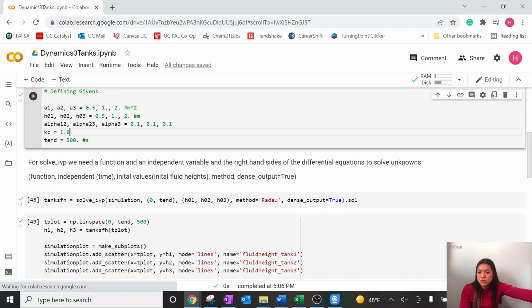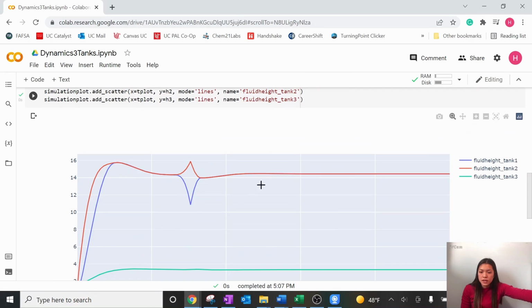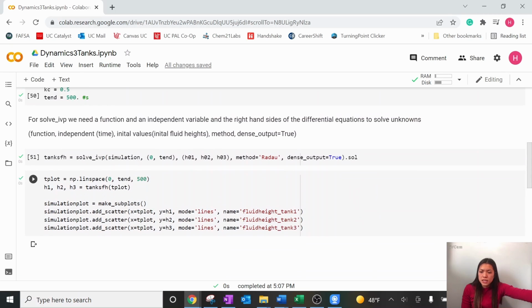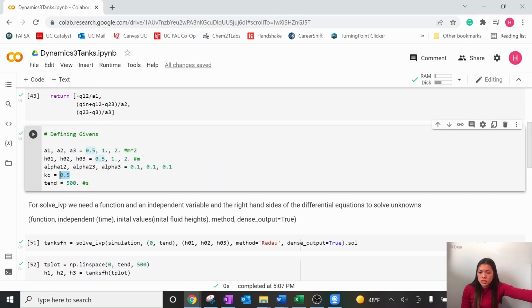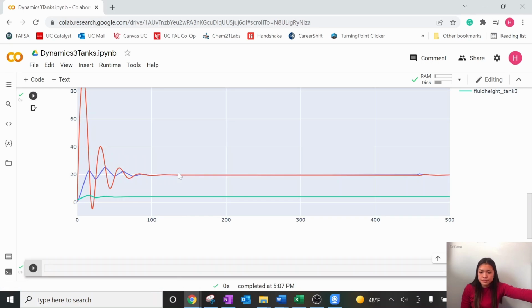We can change it to 0.5 and see how that affects it. So this actually causes it to have a dip in tank 1 and then a sharp increase in tank 2, and then tank 3 pretty much just gradually increases till it reaches its steady state. We can jack up the proportionality constant in hopes that it will reach closer to the steady state.